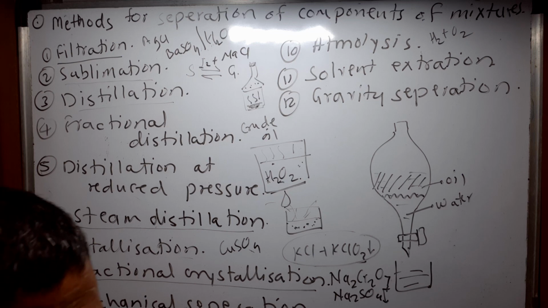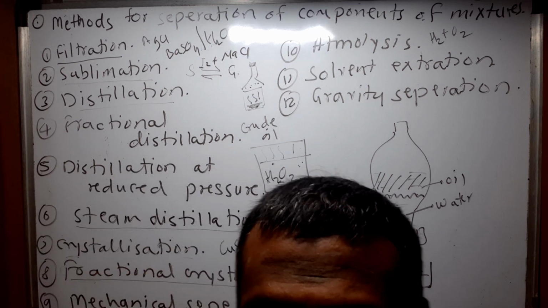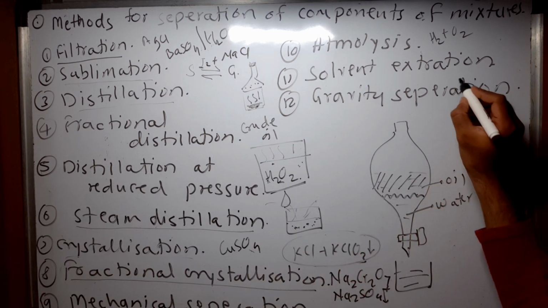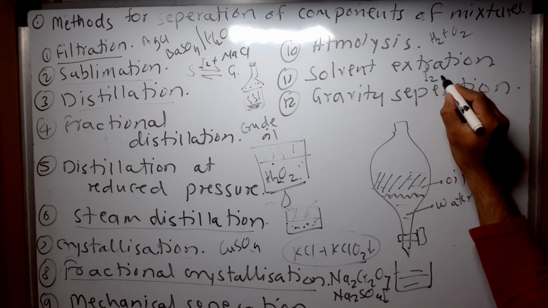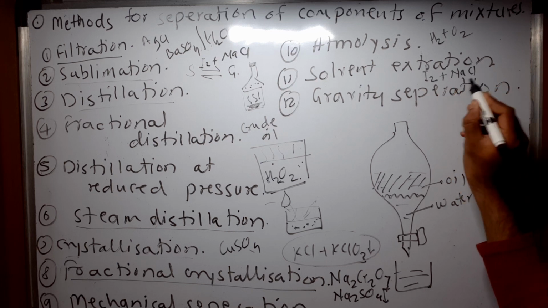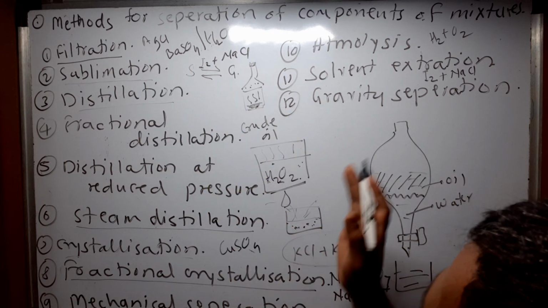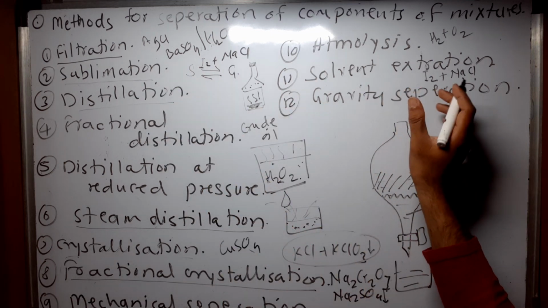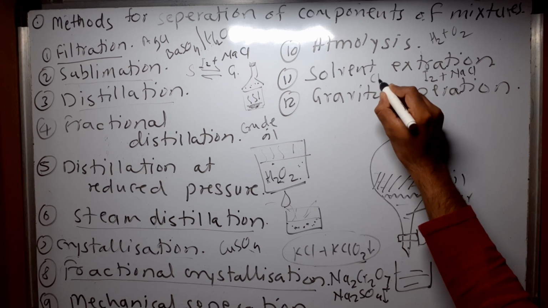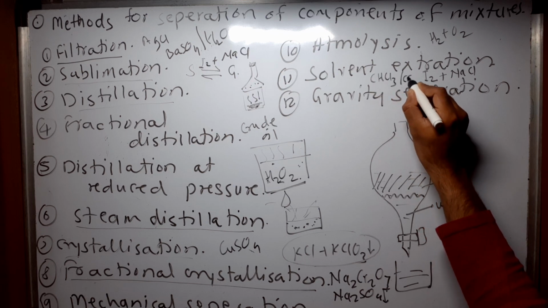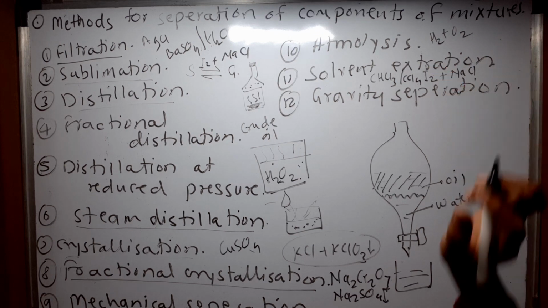Solvent extraction means what? Say for example we have a mixture of iodine and sodium chloride, and we want only the iodine. We can use sublimation, or we can put either chloroform CHCl3 or carbon tetrachloride CCl4 in this mixture.